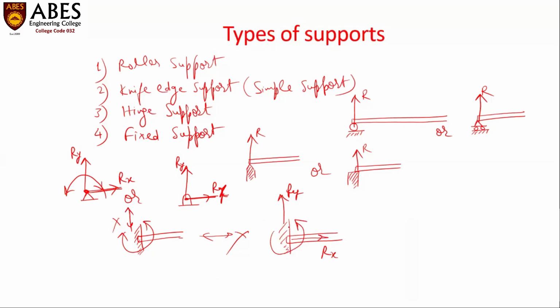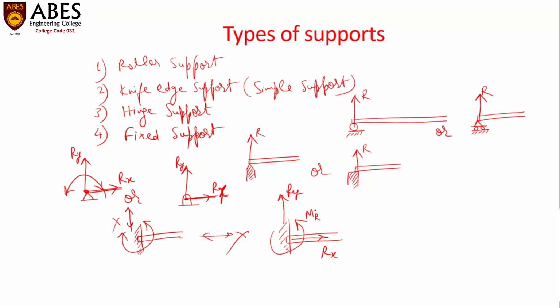For example, I'm taking the direction as anti-clockwise. It can be positive, or it can be clockwise also. So all three types of reactions will be there. Two force reactions are there, Rx and Ry, and there will be a reactive moment which stops the rotation of the beam under the action of external forces.